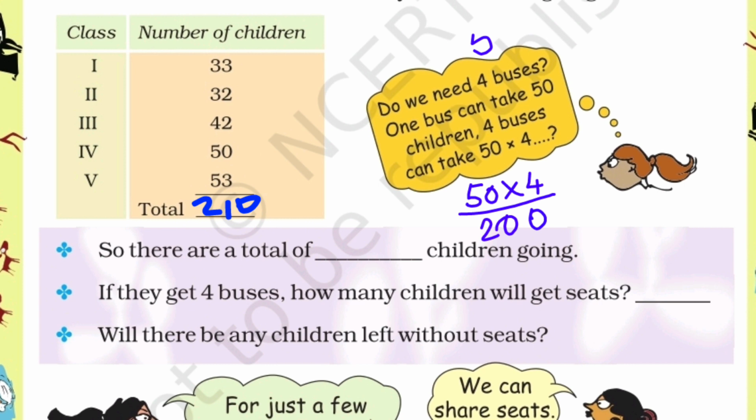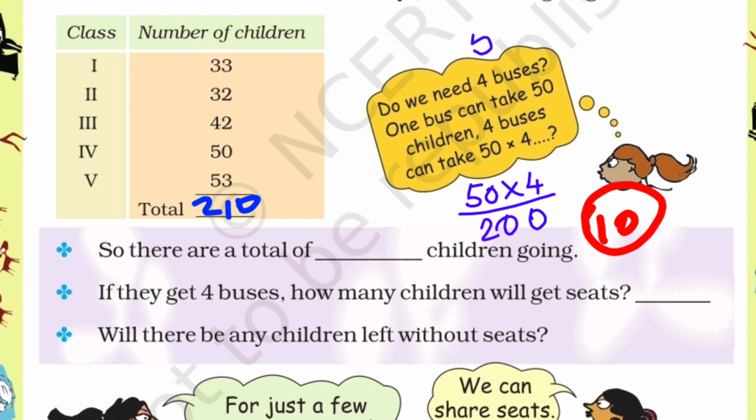So 4 buses can take 200 children, but we have 210 children. So 4 buses can take only 200 children and we still have 10 children remaining.